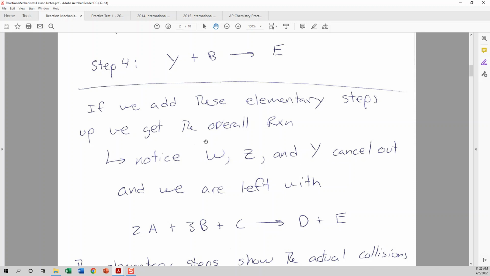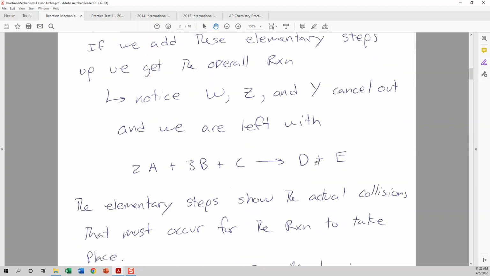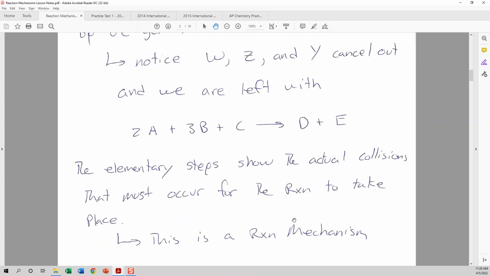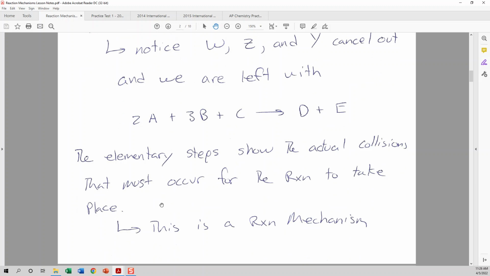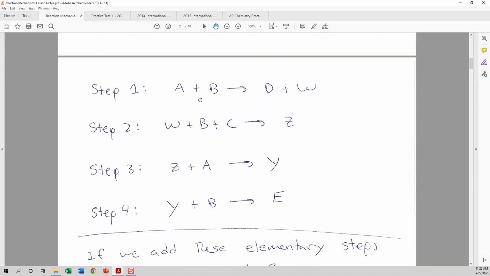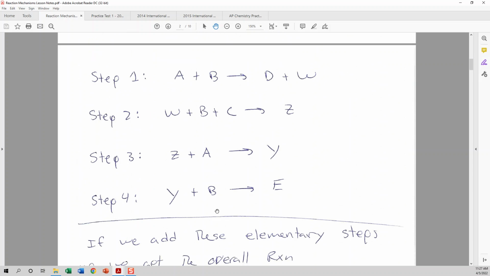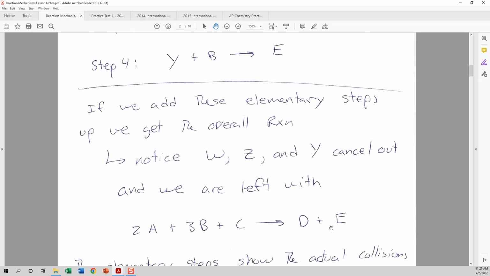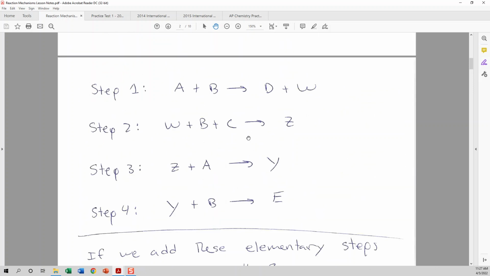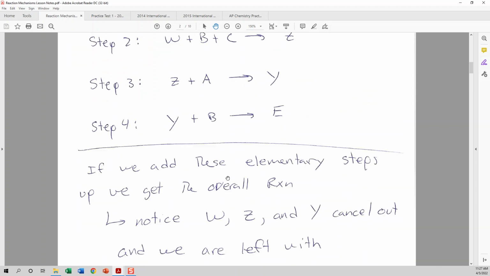And these things that are formed within the reaction mechanism are called intermediates. Okay? So we'll talk about an intermediate here in a second. But all right, so the elementary steps show the actual collisions that must occur for the reaction to take place. So this is a reaction mechanism. All right, so here's my overall reaction, but this is how the reaction happens. All right, that's what a reaction mechanism shows us.